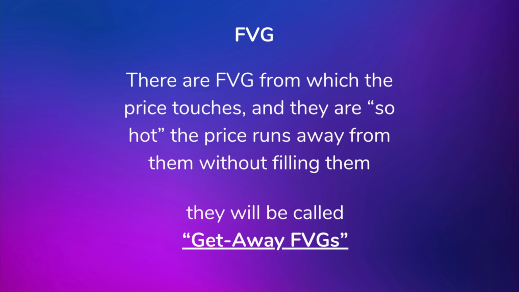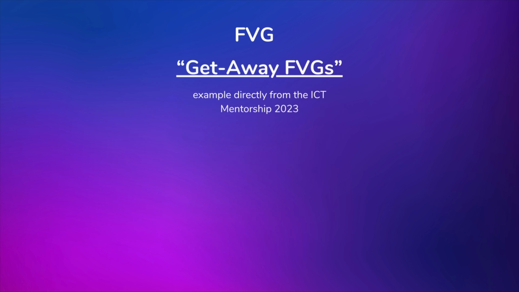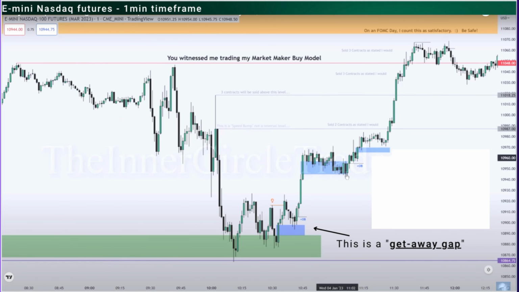These types of fair value gaps are going to be called getaway fair value gaps. Just to give you an example directly from the ICT Mentorship 2023, right now we are on the E-mini futures Nasdaq 100 for the 1 minute time frame. We can see here with the arrow a blue fair value gap.